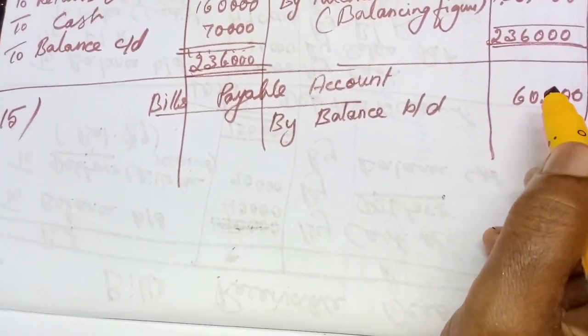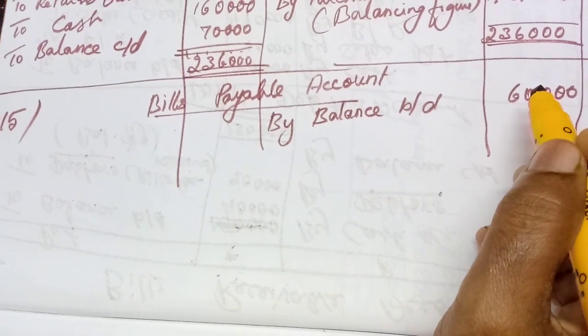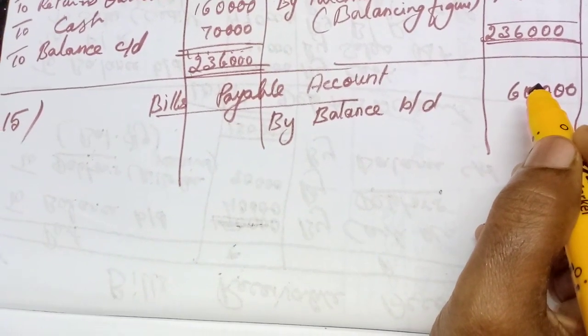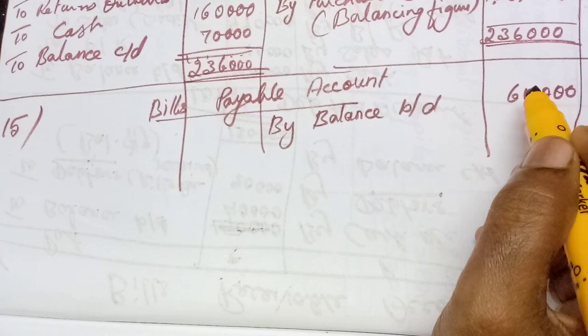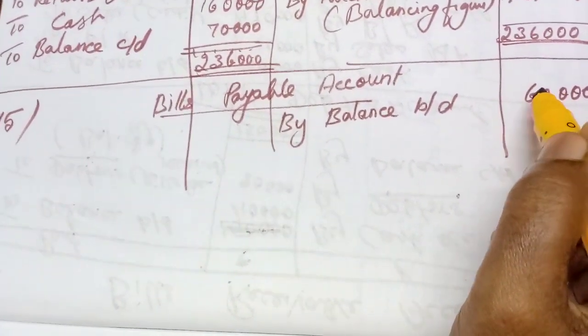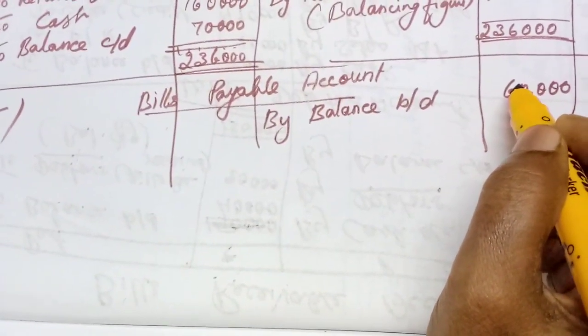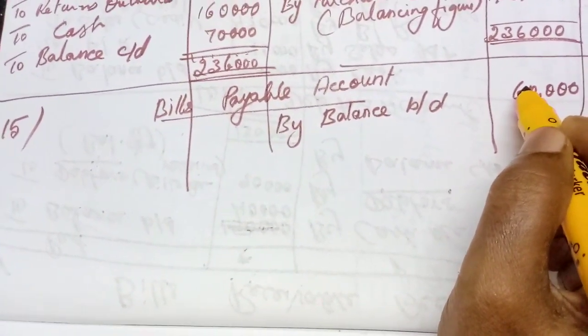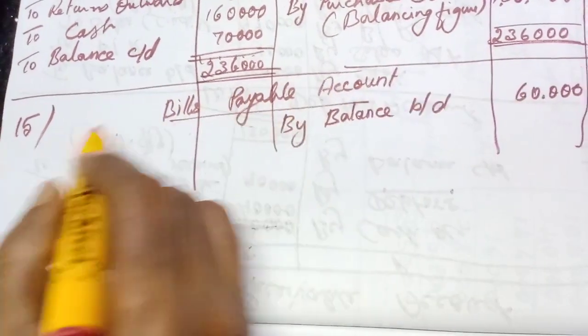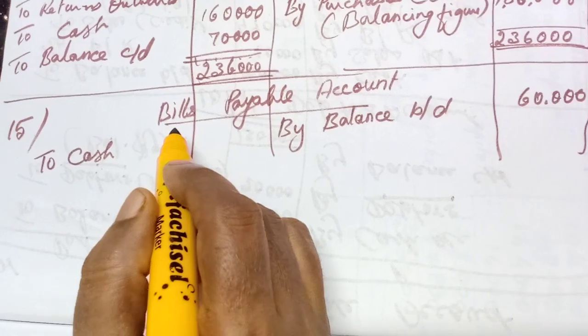The next one, paid cash to creditors, that will not be there. Then paid for bills payable. What is the entry? Bills payable account debtor to cash. What is the amount? 1 lakh.